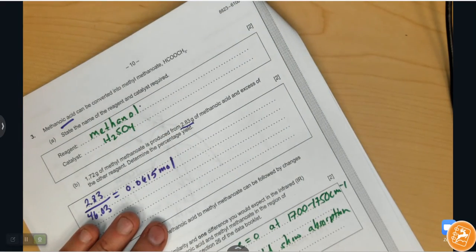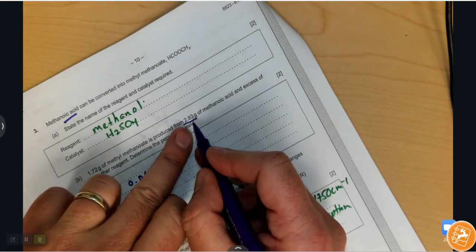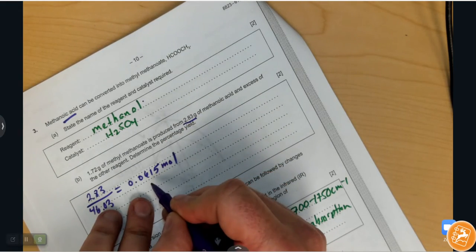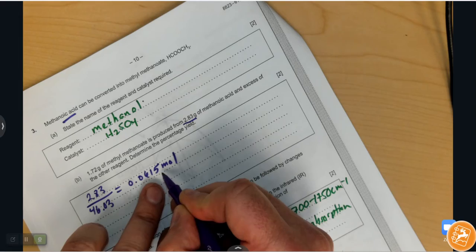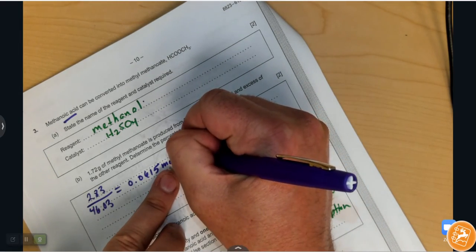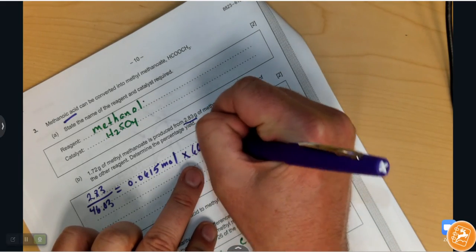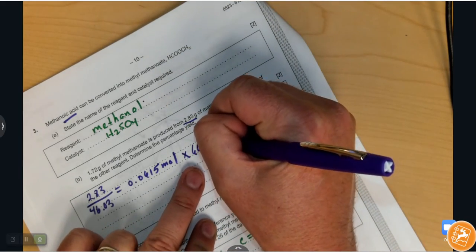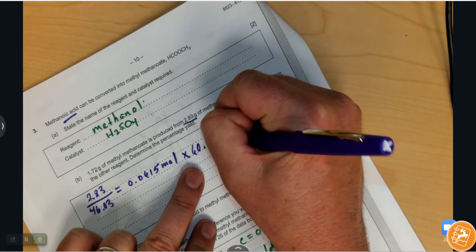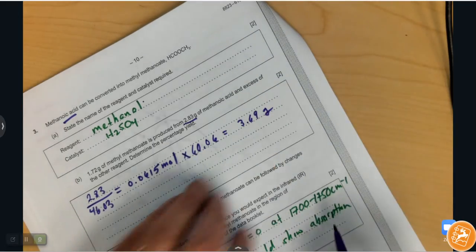0.0615 moles. Now the percent yield is just the experimental over theoretical. That's my theoretical in moles, but remember, if everything's 1 to 1, that's also the number of moles of the product that's formed. So all I have to do is multiply by the molar mass of methyl methanoate, which is 60.06, and I get 3.69 grams should form.